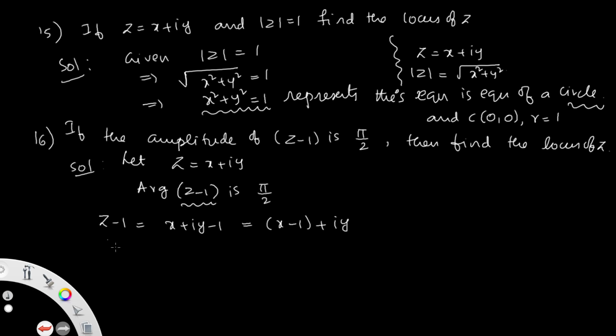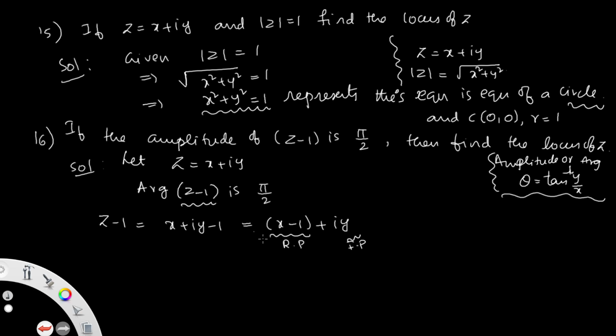In the form of argument, you have this as the real part and this as the imaginary part. Argument means theta, and theta is nothing but tan inverse of y by x. That is the amplitude formula. Amplitude is nothing but theta, theta or argument, both are the same. Here the real part is x minus 1 and the imaginary part is y.